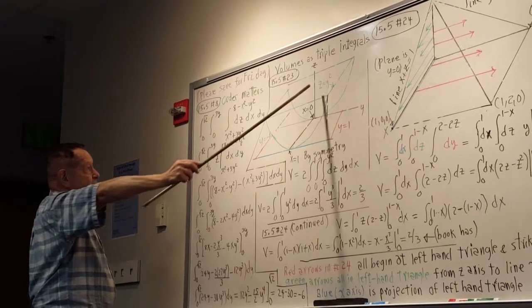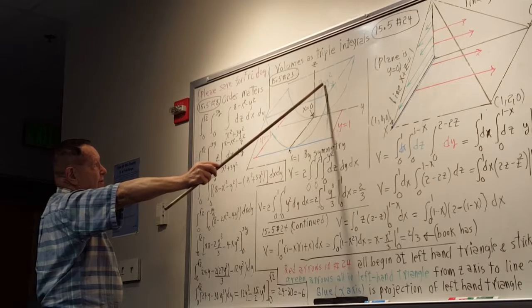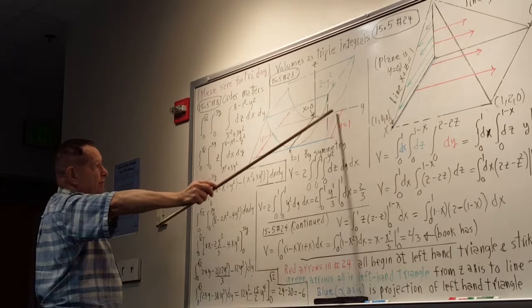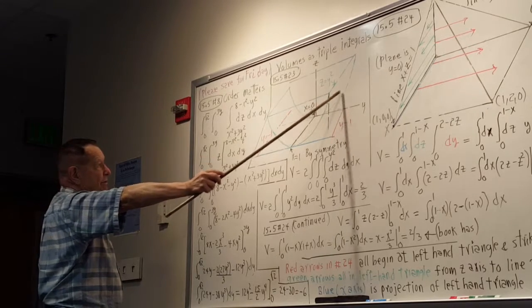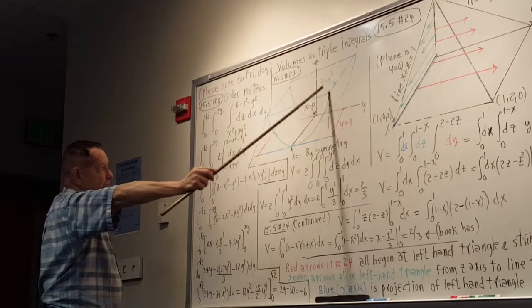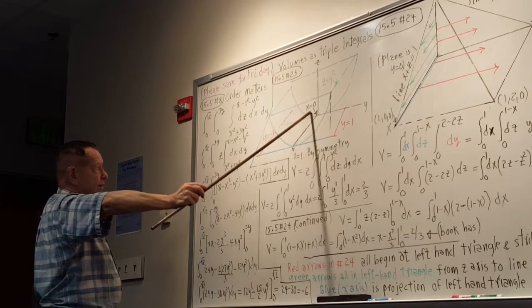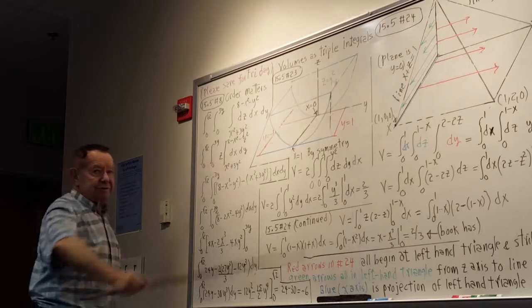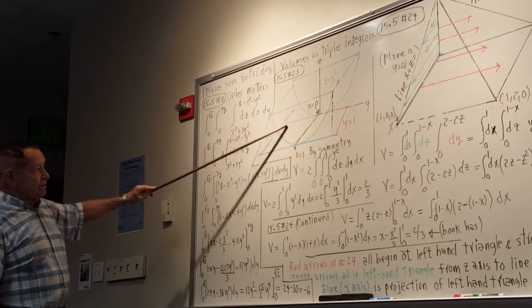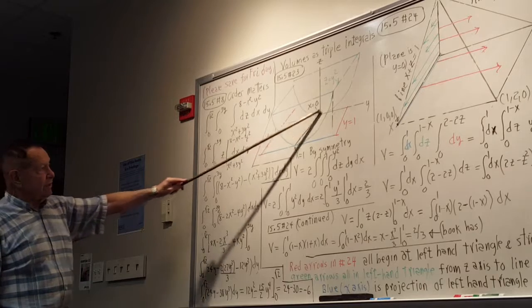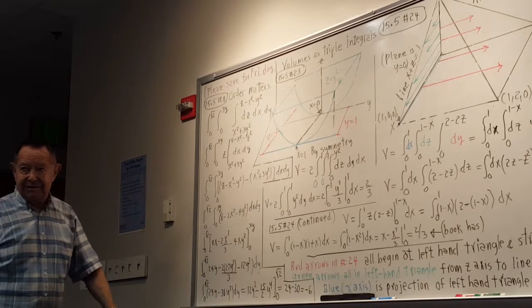If you were in the YZ plane where x is 0, then your z equals y squared would be a curve, like this green curve back here, which would be a parabola. So this surface that's in green is what you'd call a parabolic cylinder.